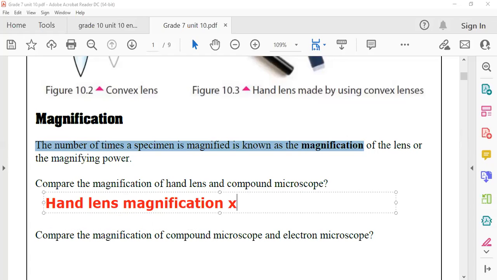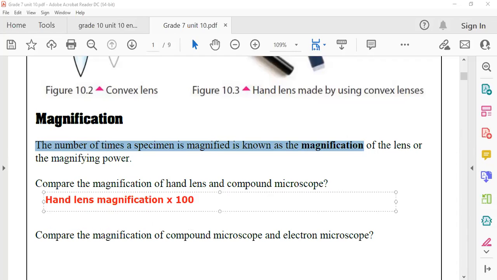Up to how many times can it magnify? 100 times. If you show an object of 1 millimeter, it will show you about 100 millimeter. Understood? If you see 1 millimeter in the hand lens, you will see it larger, no? That larger one will be how much?